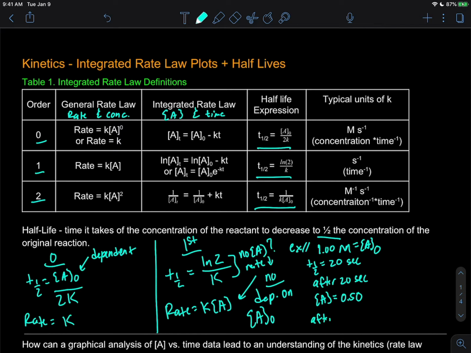Well, after 40 seconds, or 2 half-lives, we will decrease from 1 to 0.5, and then we'll decrease another half of that, not half of our 1, but half of our 0.5, and the concentration of A will be equal to 0.25, or half times the number of half-lives that we have, times our original concentration.